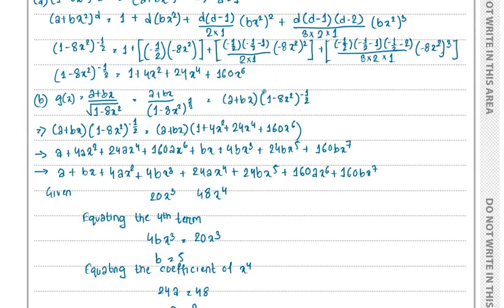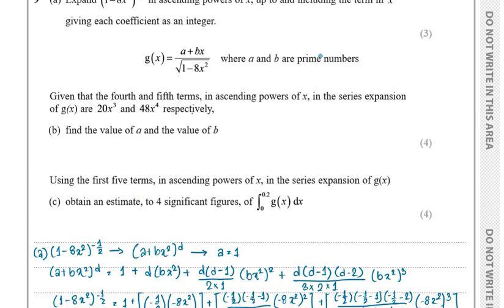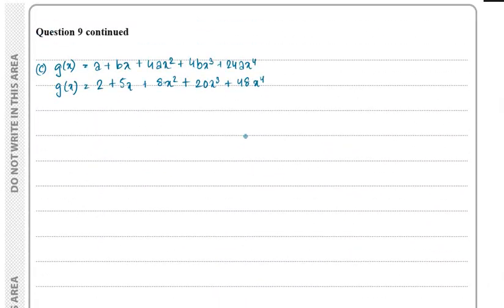I was actually at first looking at this expansion, which is not in the ascending powers. The question strictly said ascending powers of x, so don't make that mistake. So for the integration part now, we are asked to integrate gx with limits 0 and 0.2, so it's gx dx.